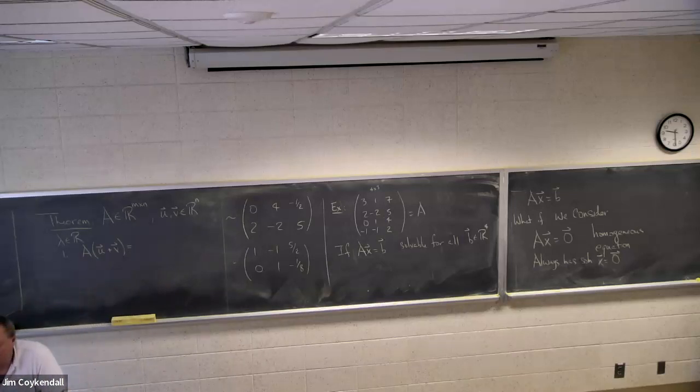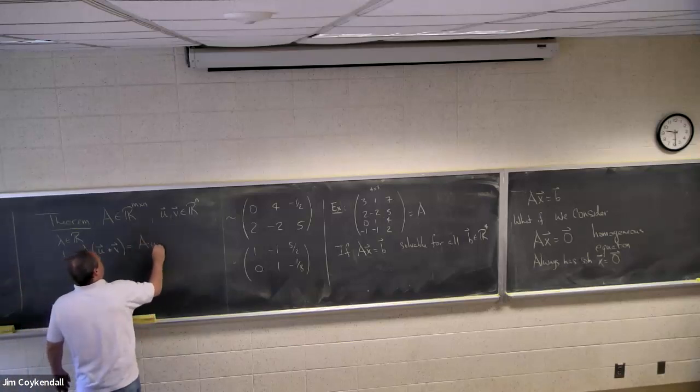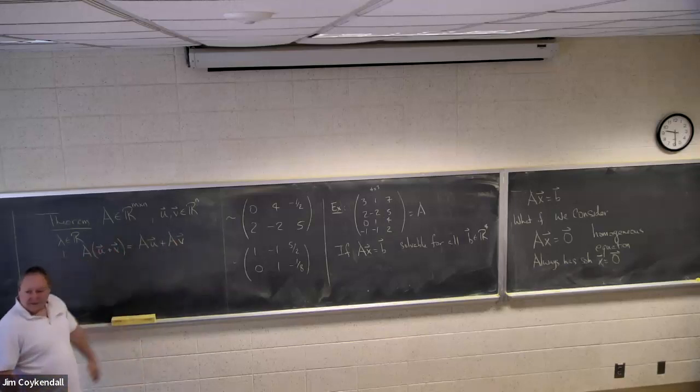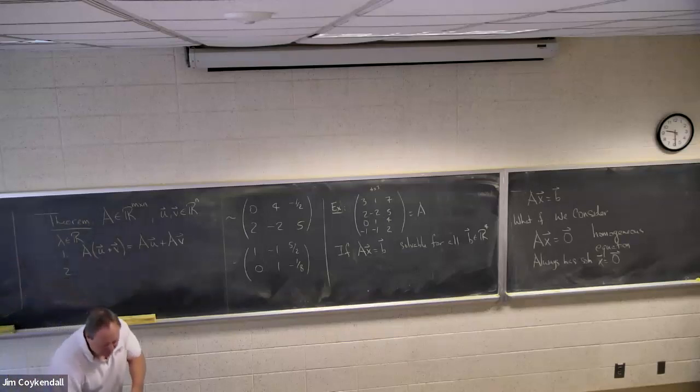What do you hope you get? How do you hope you can rewrite this? Yeah, AU plus AV. I hope so. And indeed, our wishes come true. So multiply these things out the way you think. Again, these are all easy proofs. All you have to do is write things down. If you want to prove it, come to my office and we'll do it, but it's kind of a yawn.